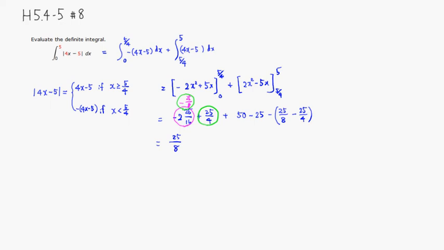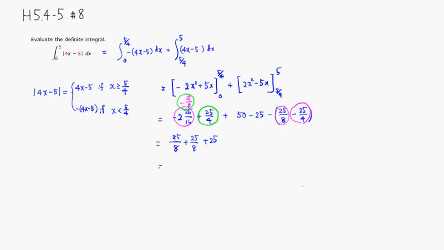Then here we have a very similar thing. This guy combined with that guy is going to have negative 25 over 8 with another negative sign, so it's going to be plus 25 over 8. Then 50 minus 25 is 25.